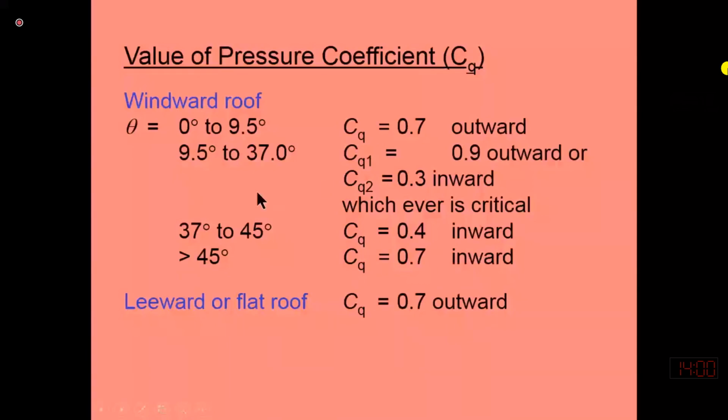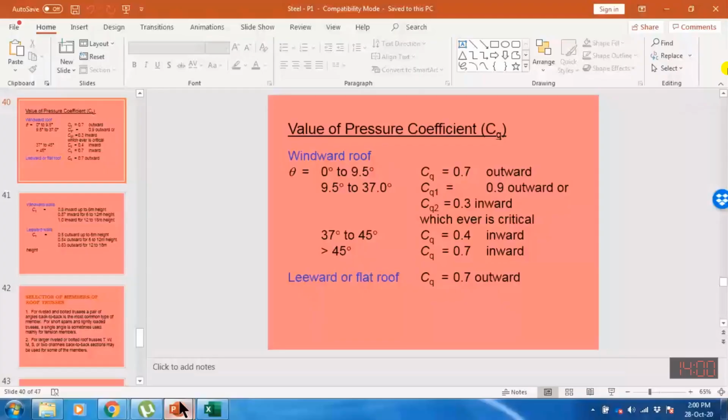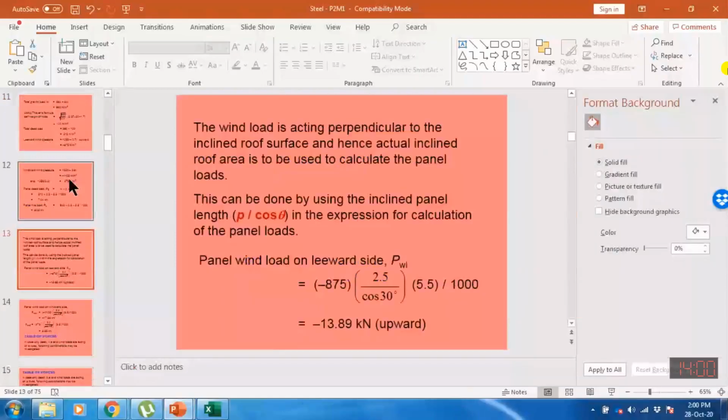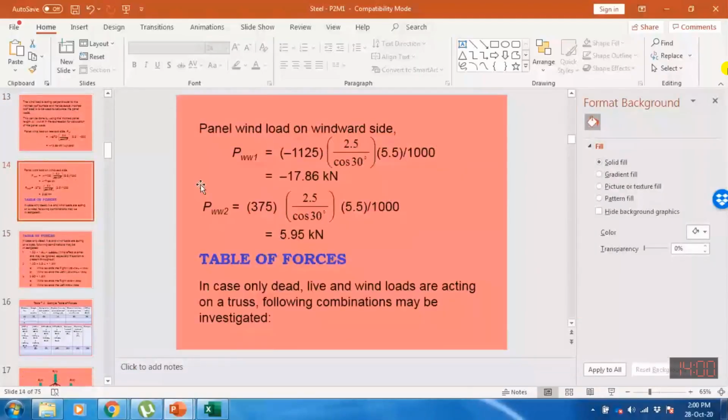One will be 0.9 outward, sorry, negative, and one will be 0.3. So in this way, we have computed two windward loads. So it means that one table will be for windward load 1 and the other for windward load 2.